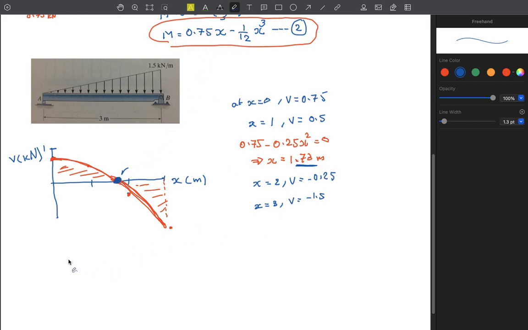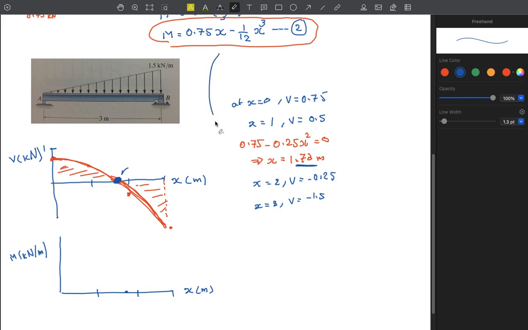So let's just draw our curve first. These are the same distances, 1, 2, and 3, and this is x in meters. This one is our bending moment. Now, the maximum value would be at this distance, 1.73.